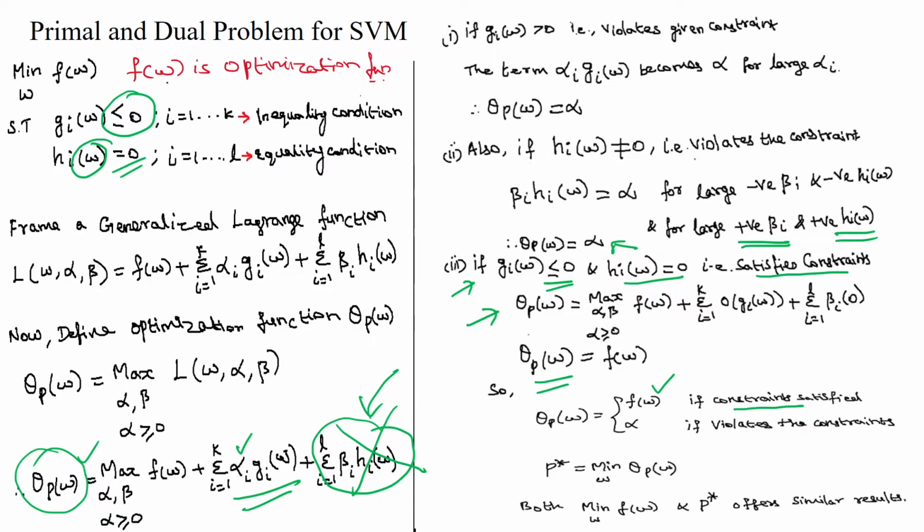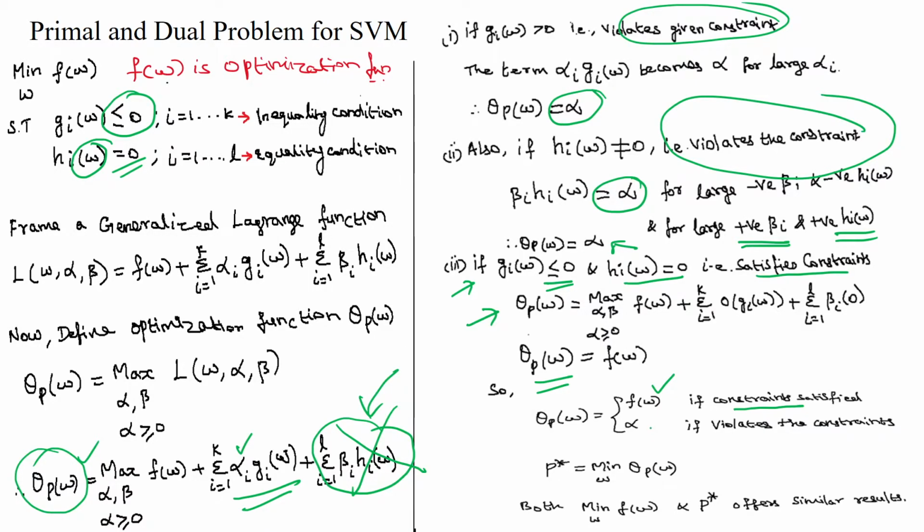If the constraints are violated, then alpha is influencing the function. That's what is given here, right? When constraints are satisfied, the optimization function will be solved. But if you violate the constraints, the alpha value will influence the theta function.